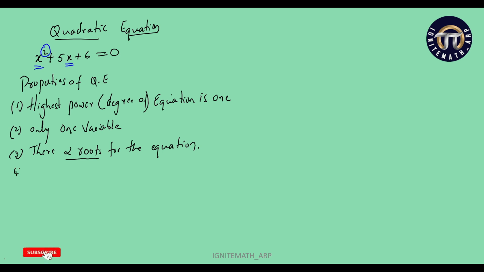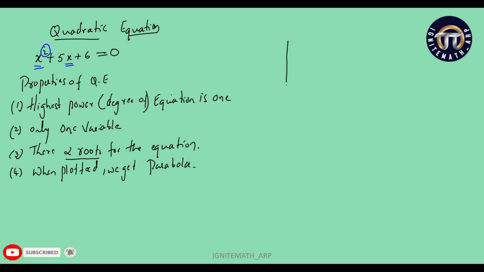And the fourth property is what? When plotted, we get a parabola, which is nothing but the graph of a quadratic equation.